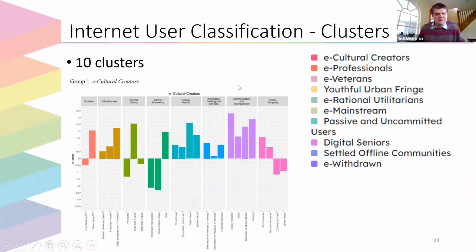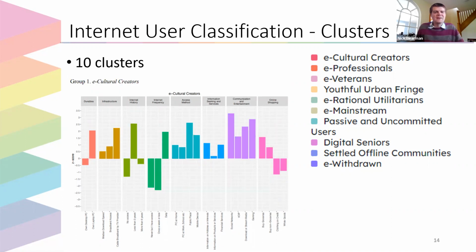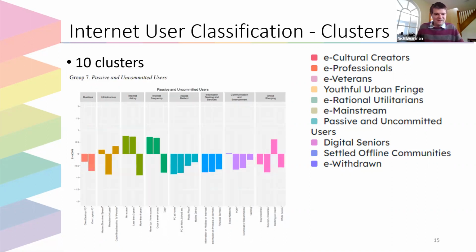Okay, great, thank you. I've picked out another example. This is group 7, which is the passive and uncommitted users. If we compare the graphs, you can see they look quite different at first glance. And if we dive in a bit more, we can see some of the differences. Exactly.